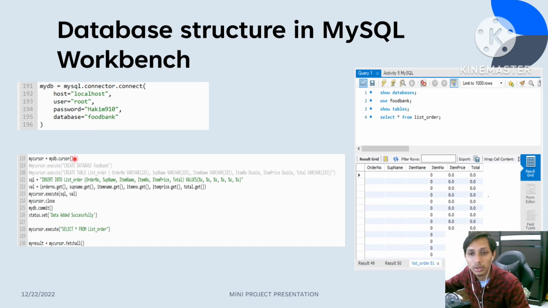Okay, we move on to the second part, which is the coding for the function. So mycursor equals mydb.cursor.